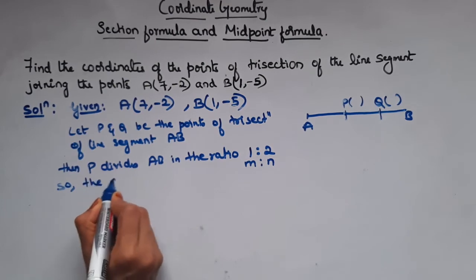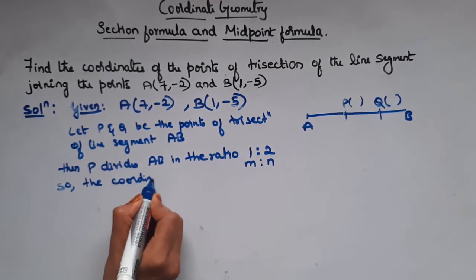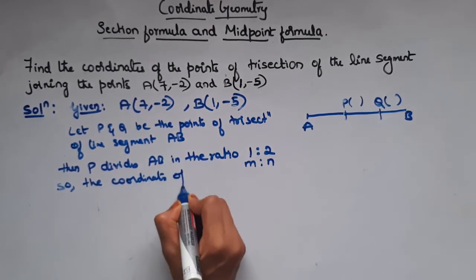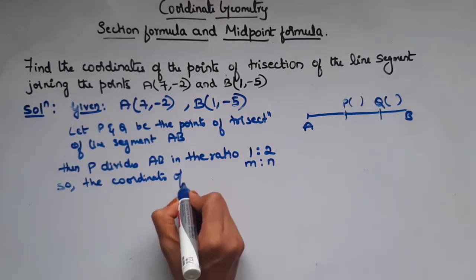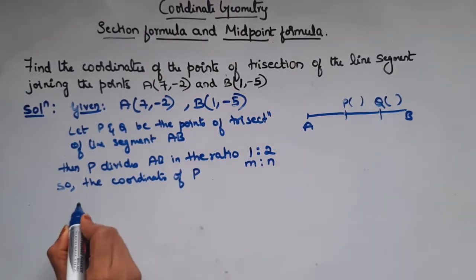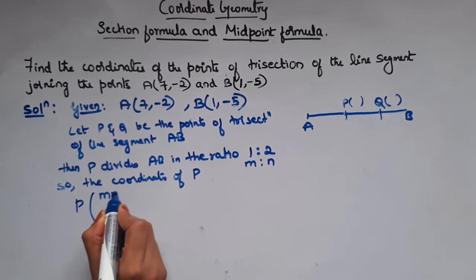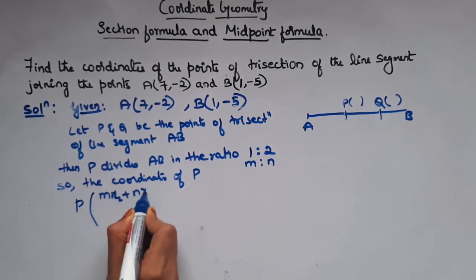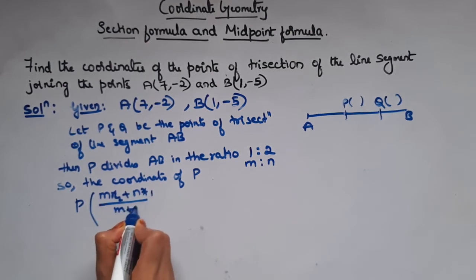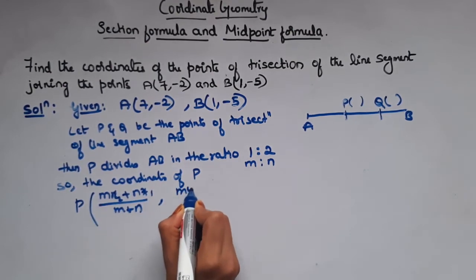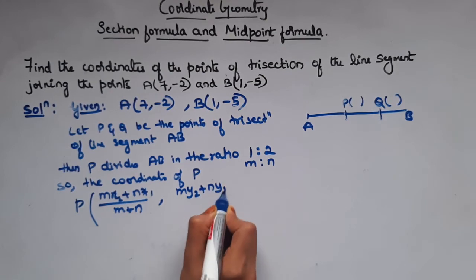So the coordinates of P are given by, we know the section formula, right? That is mx2 plus nx1 by m plus n, comma my2 plus ny1 by m plus n, right?